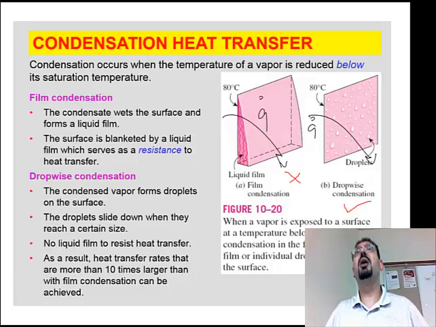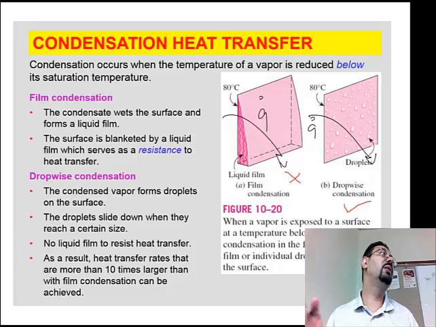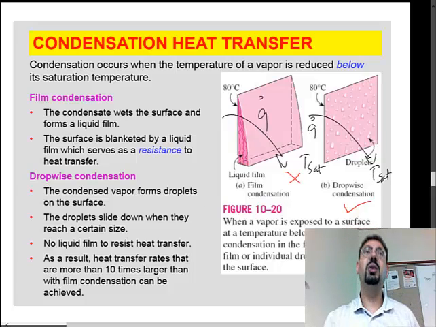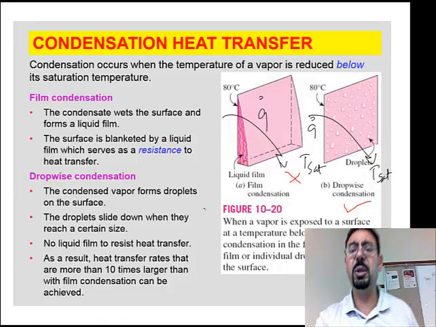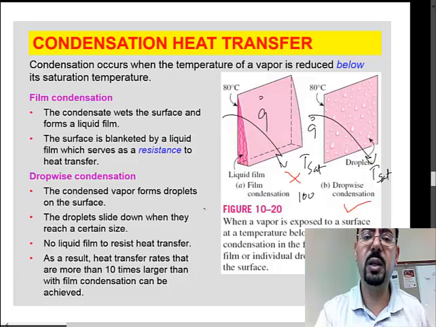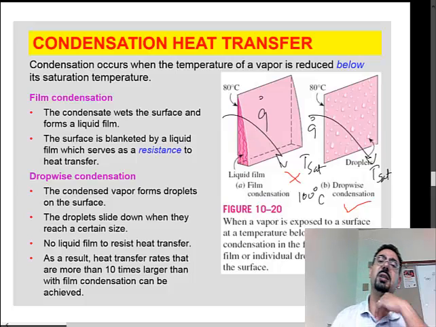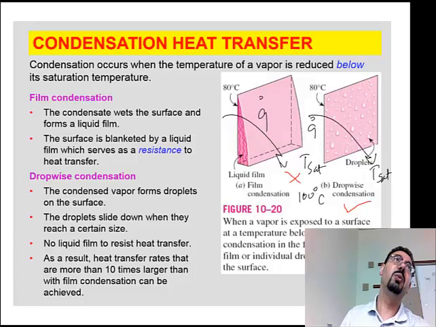Which one will make the Q higher for the same ΔT, between Ts and T saturation? The vapor is condensing at T saturation. If it's water at atmospheric pressure, it will condense at 100. The wall needs to be cooler, say at 80, so that it can actually manage to make it condense.